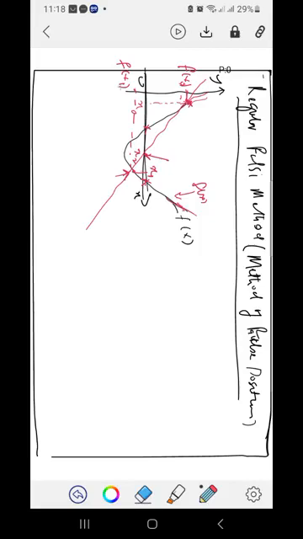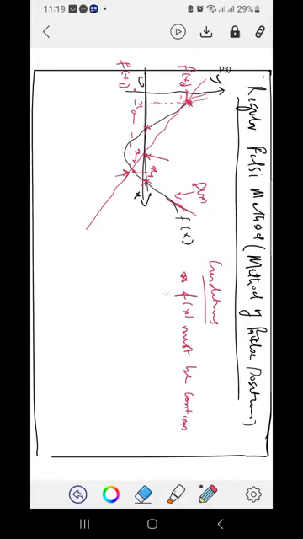Okay, so I think that's about all we need for this diagram, but let's talk about the conditions for using the regular Falsi method. Conditions. One, of course, f of x must be continuous.